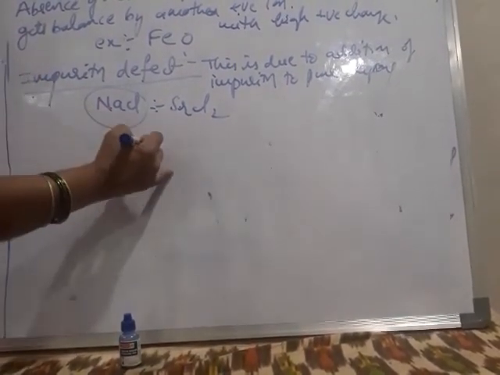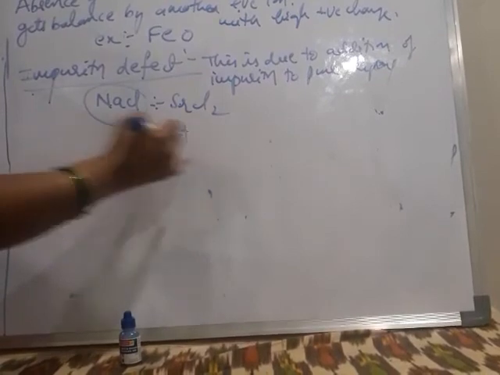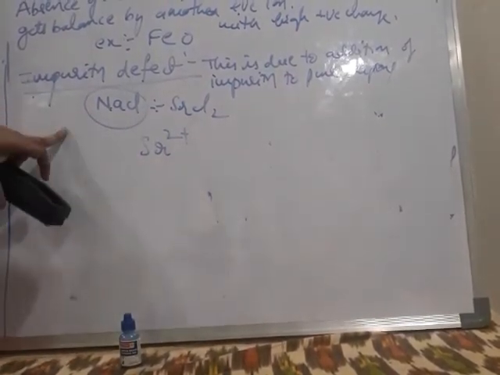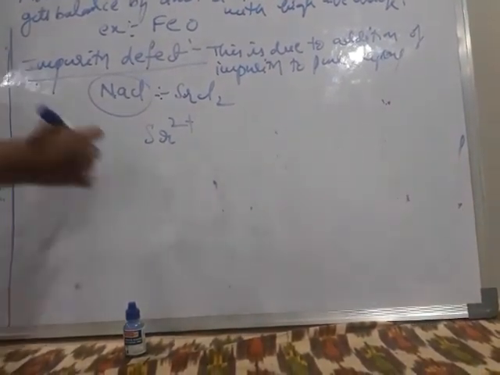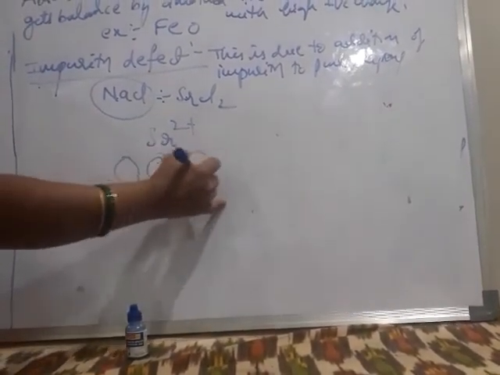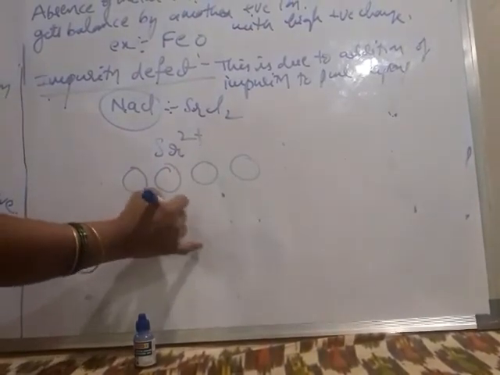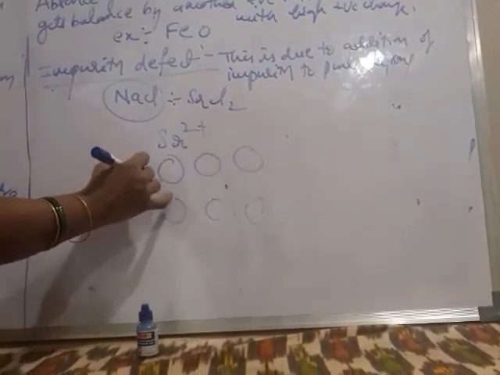Each strontium ion replaces 2 sodium ions. In the NaCl crystal, Na+ ions and Cl- ions are arranged alternately like this.